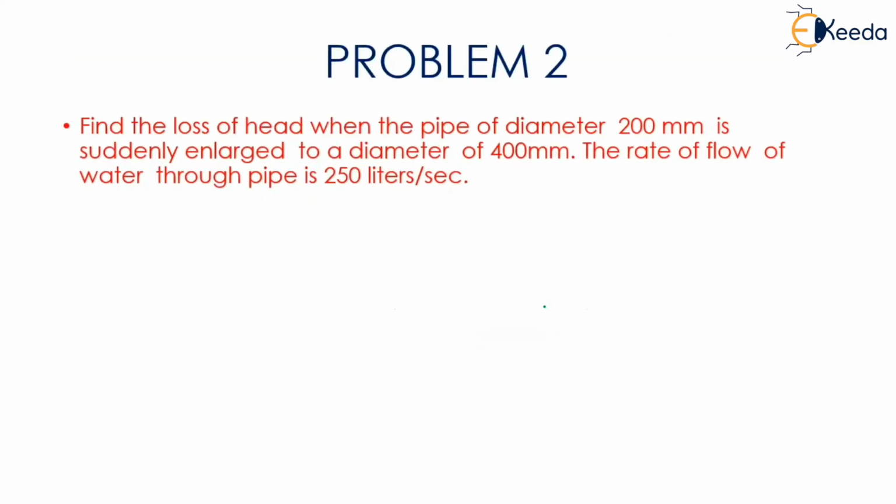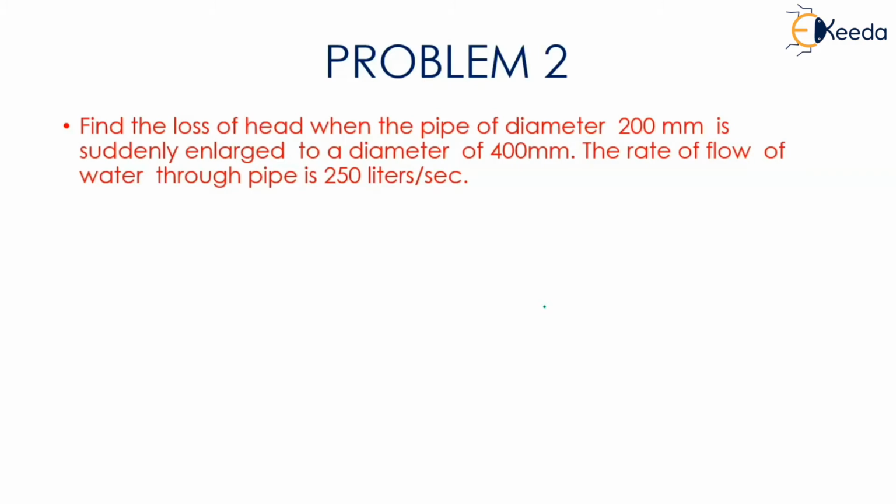Now moving on to the next problem. Find the loss of head when a pipe of diameter 200 mm is suddenly enlarged to a diameter of 400 mm. The rate of flow of water through the pipe is 250 liters per second.